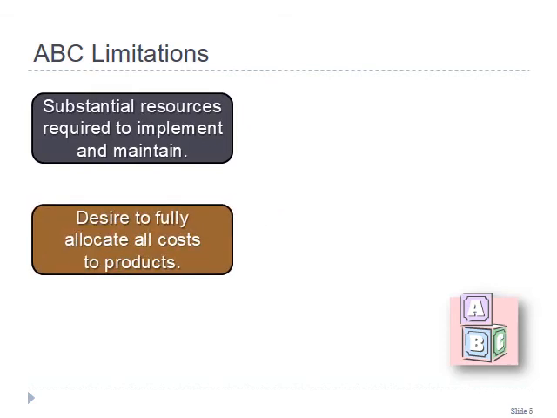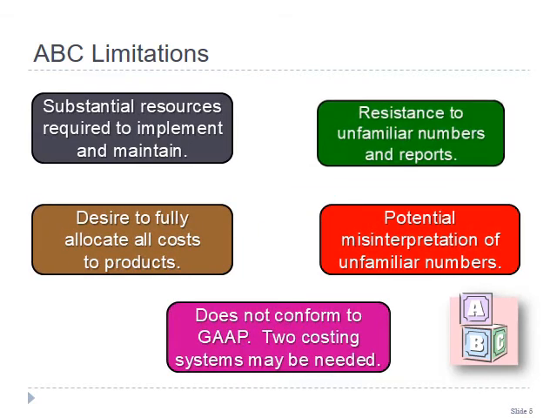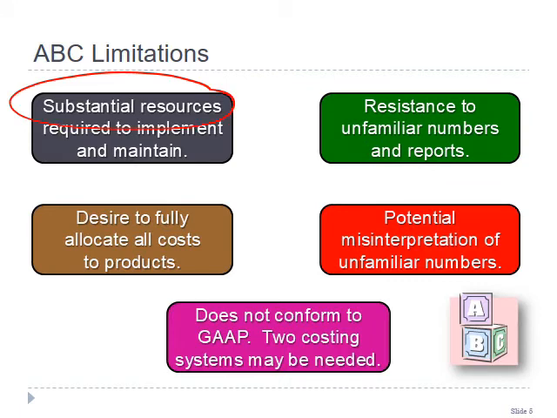Okay, so there are five limitations of activity based costing. Number one is that substantial resources are required to implement and maintain. If the implementation cost is way more than the benefit, then it poses a threat to implementing ABC.